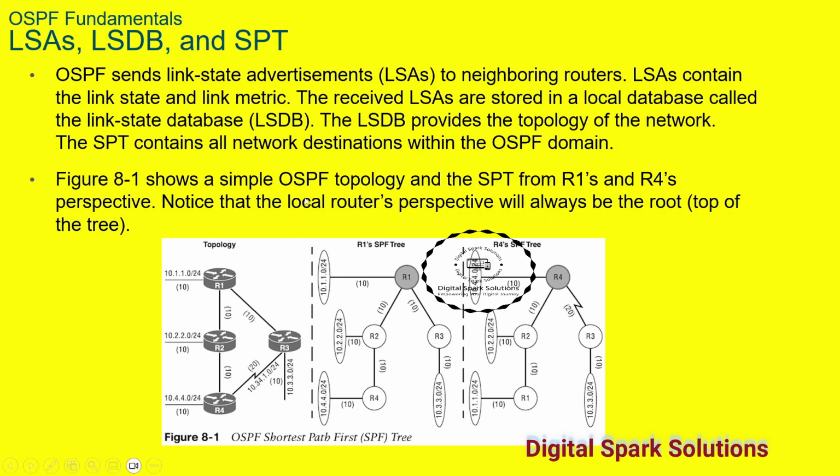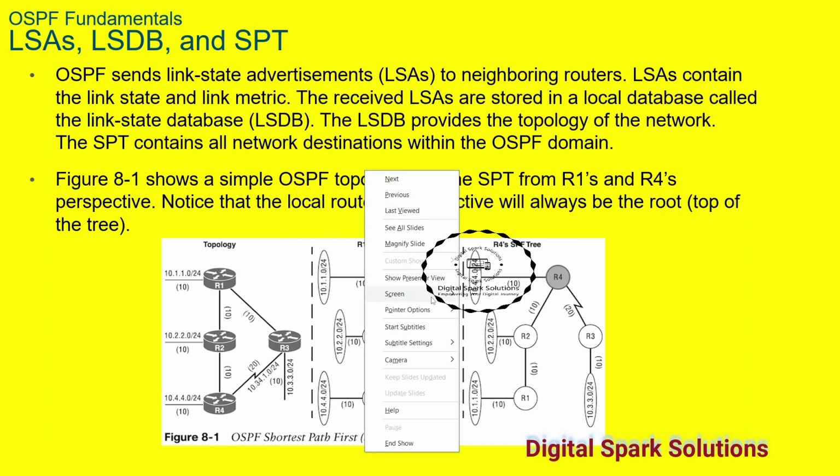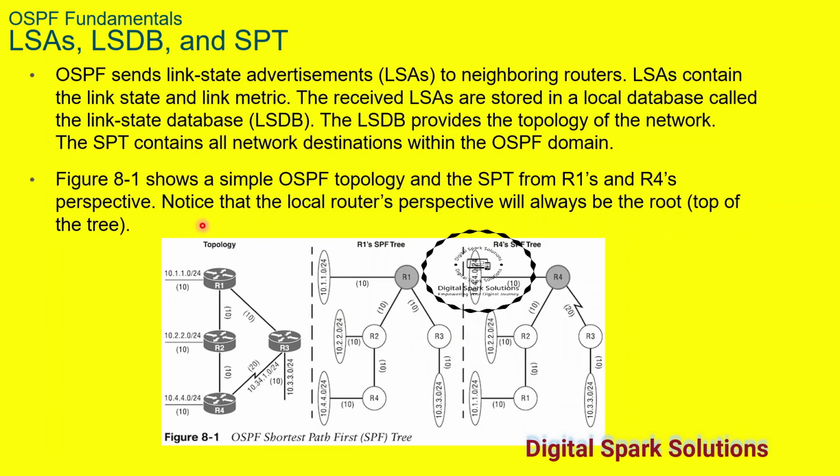We have a figure here, 8.1. Let me show this topology, and it shows the perspective of the route from R1 and R4. You have to note that the local router's perspective will always be the root, that is the top of the tree. We have four routers, R1, R2, R3, and R4.